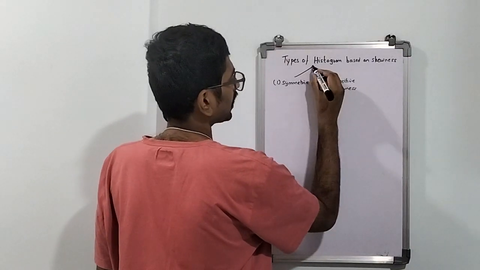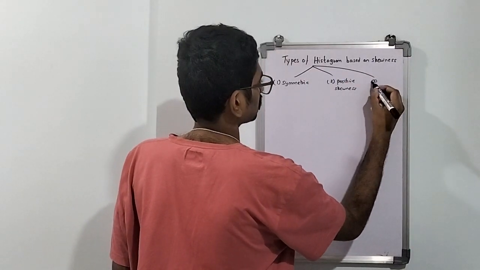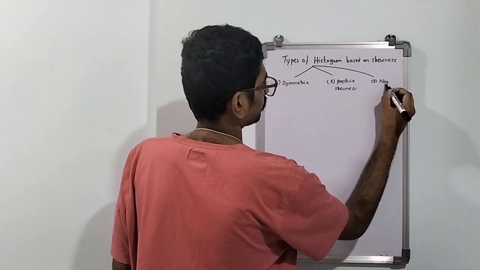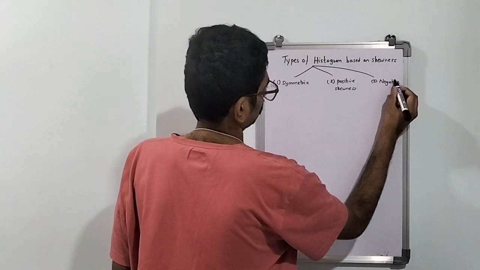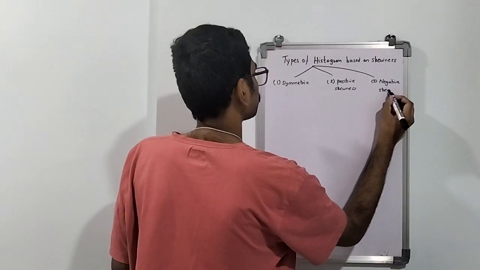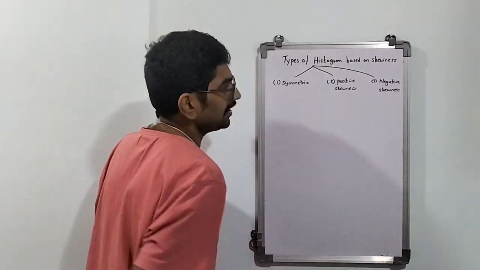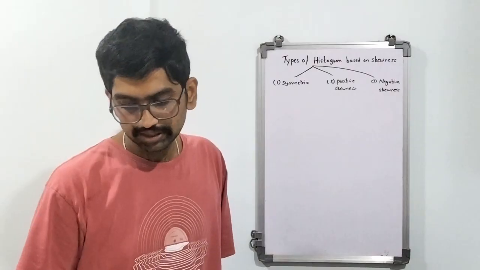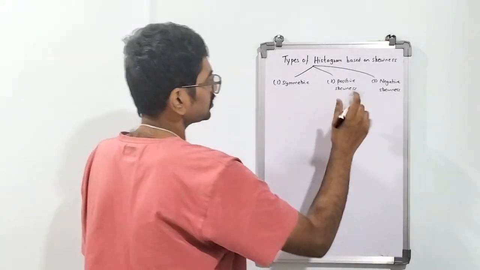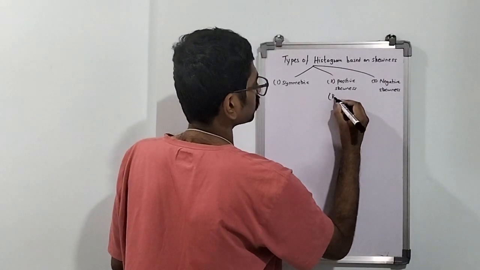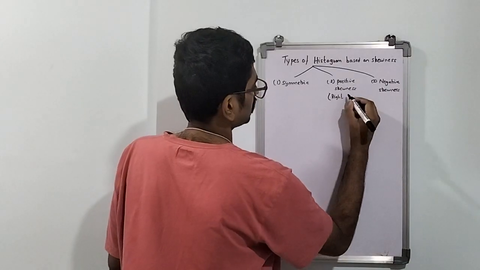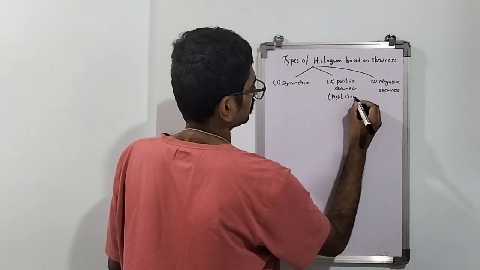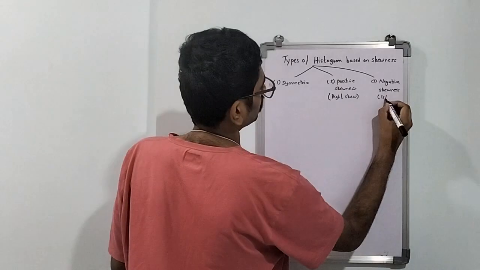And we have the negative skewness. So these are the three types of skewness that we are going to see. This positive skewness is also called the right skewness. And this is called the left skewness.